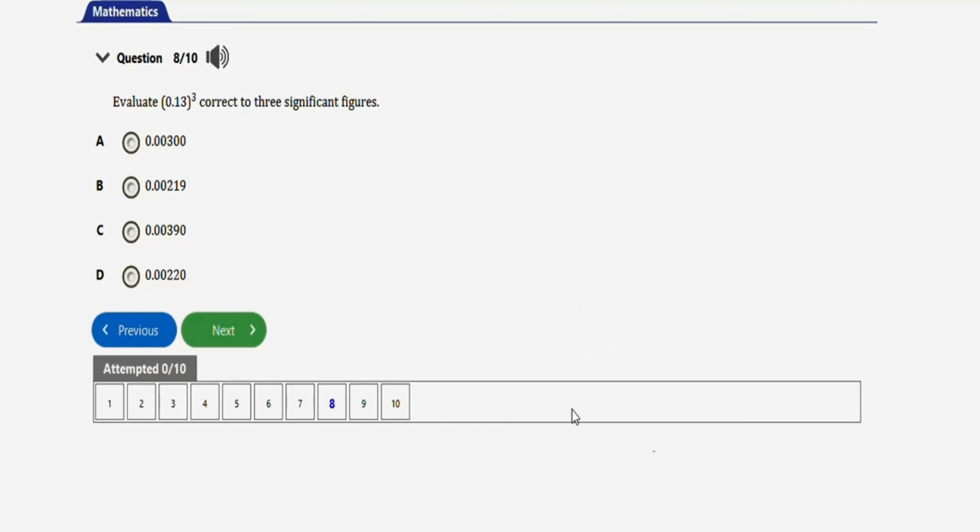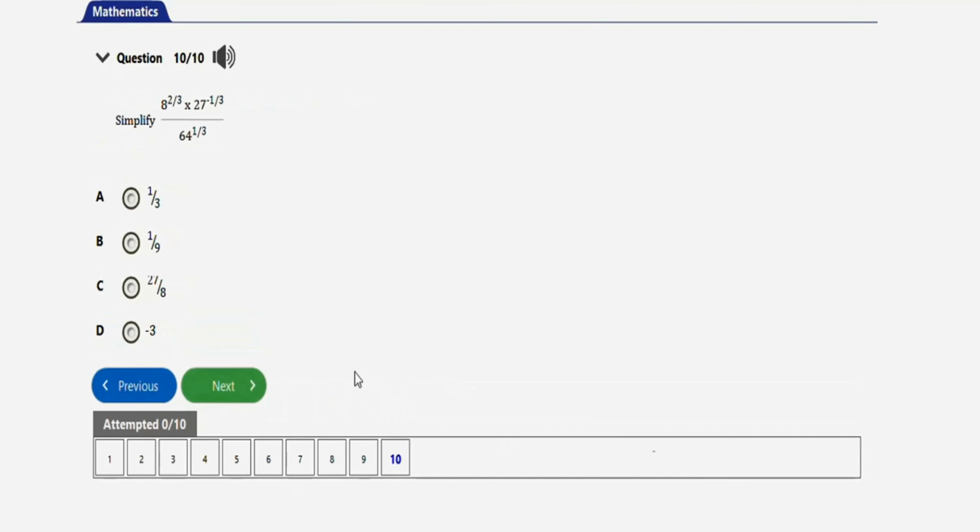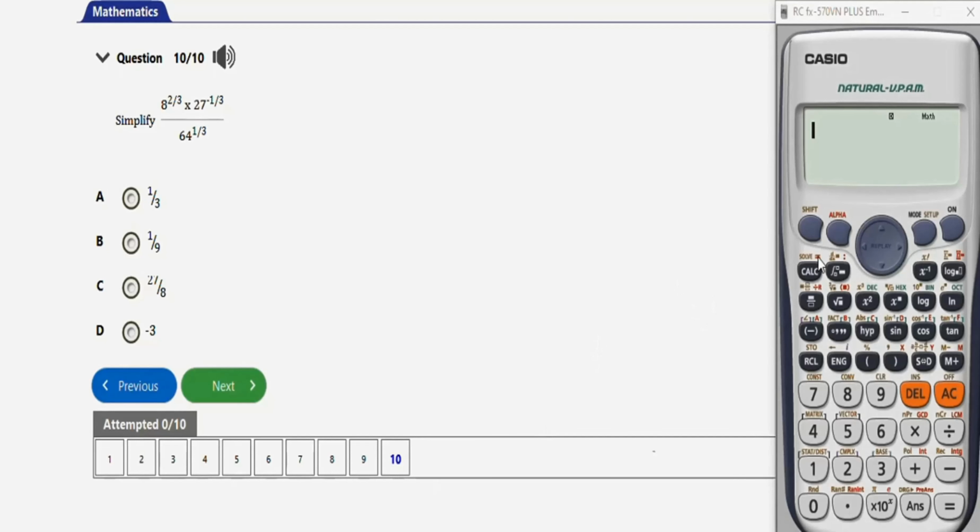The last question will be this one. It says simplify this. We can solve this with the calculator. Let's bring a calculator. Let's punch it in.